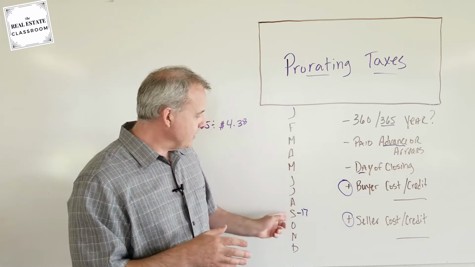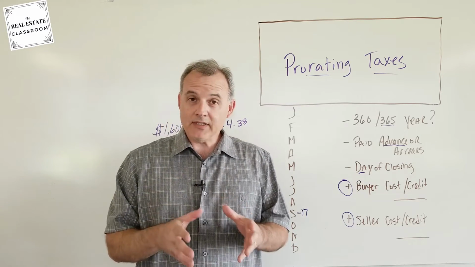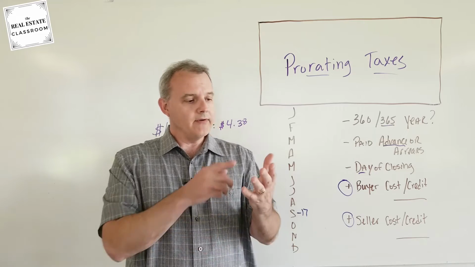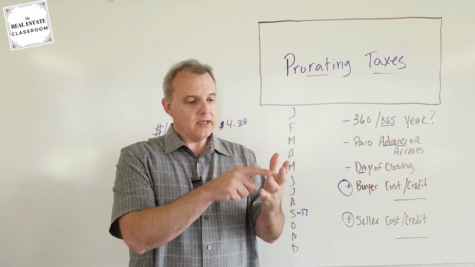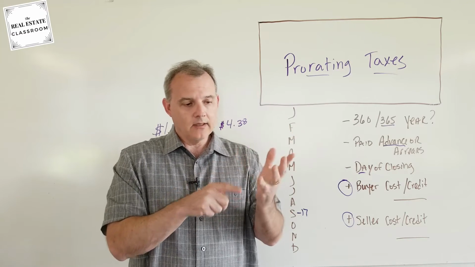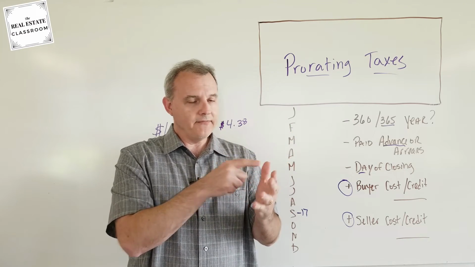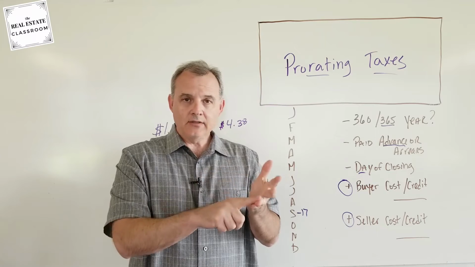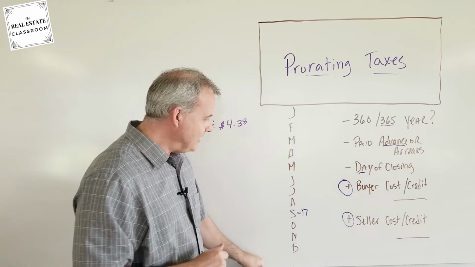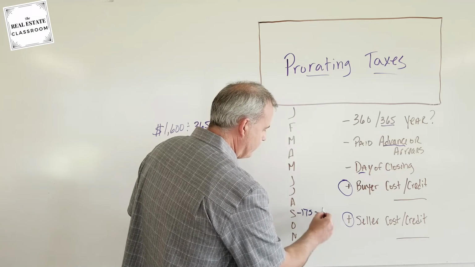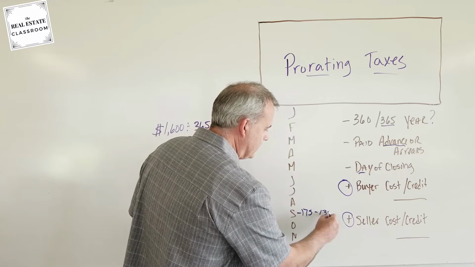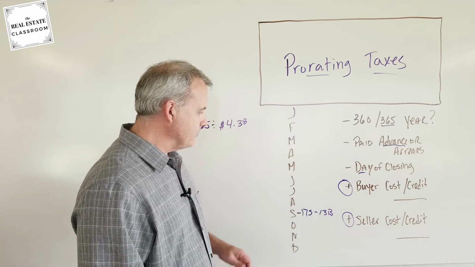We have September, and the 17th is the closing date. So we have the 1st, 2nd, 3rd, 4th, 5th, 6th, 7th, 8th, 9th, 10th, 11th, 12th, 13th, 14th, 15th, 16th, 17th. So there's 17 days that the seller is responsible for. That means there's 13 days that the buyer is responsible for.